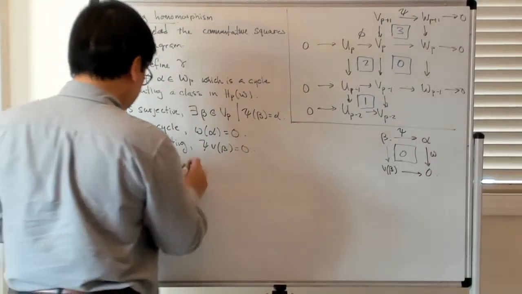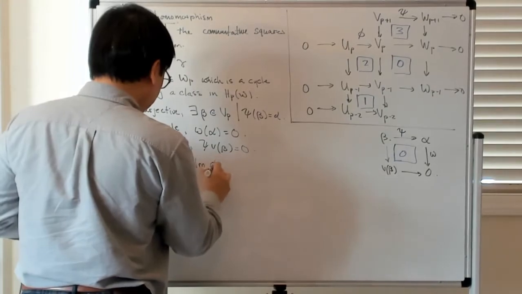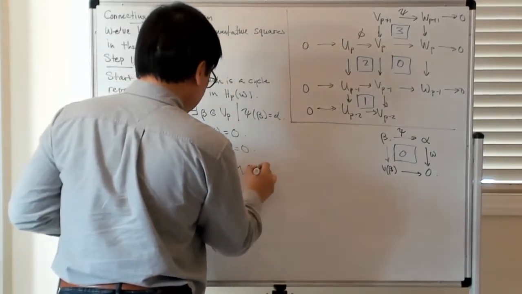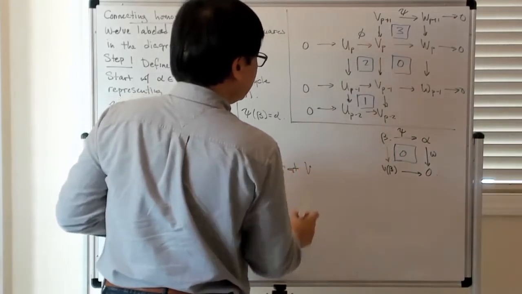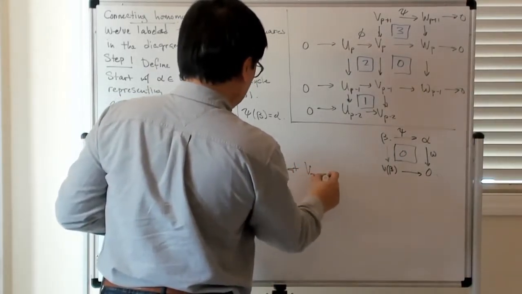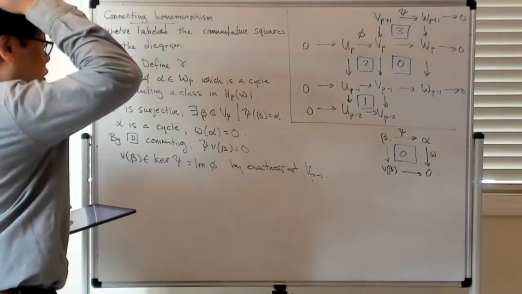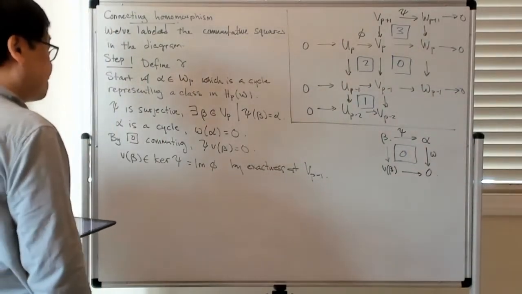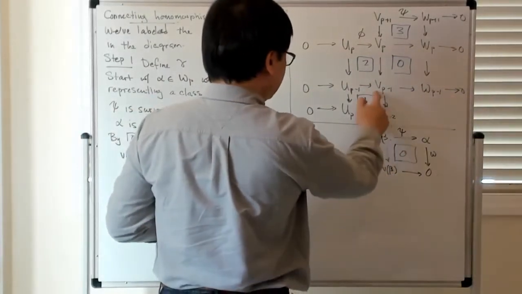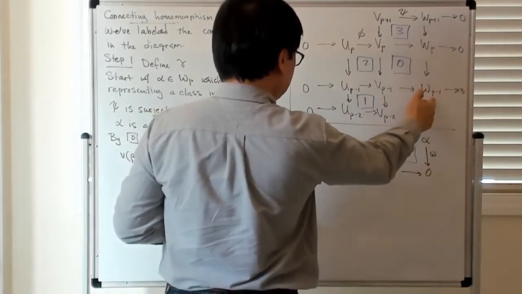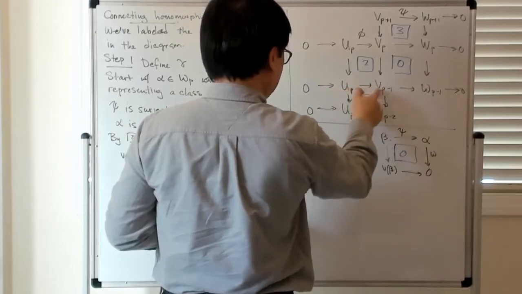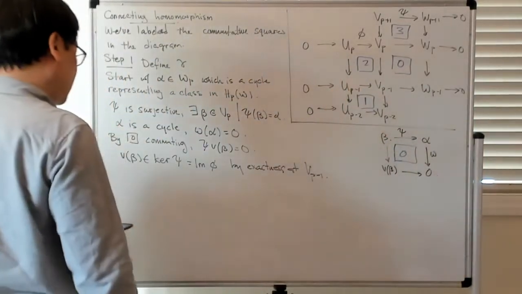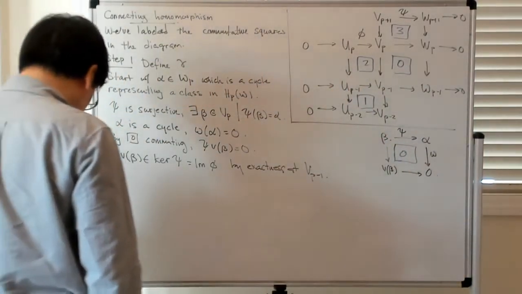But this is equal to the image of phi by exactness at V_{p-1}. So V beta is here, this maps to 0, so V beta is in the kernel of this map, but it has to be in the image of this map by exactness.